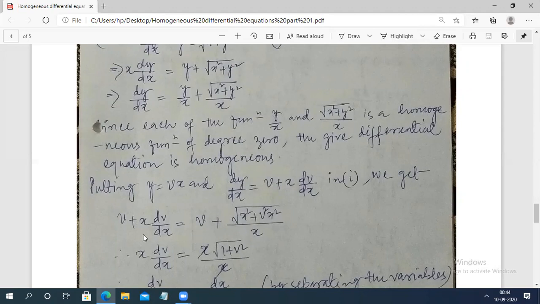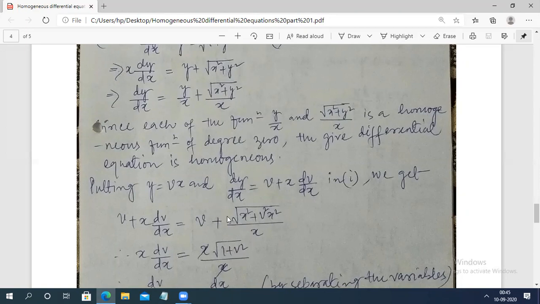Now this v and v will get cancelled, so x dv by dx is equal to, if we take x square common, it is under root, so on the outside it will become x and under root 1 plus v square.